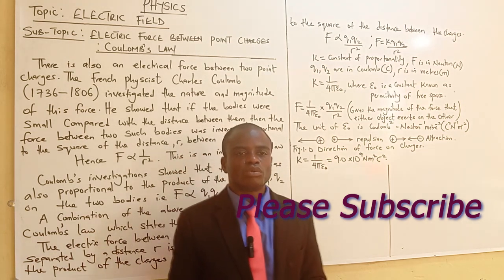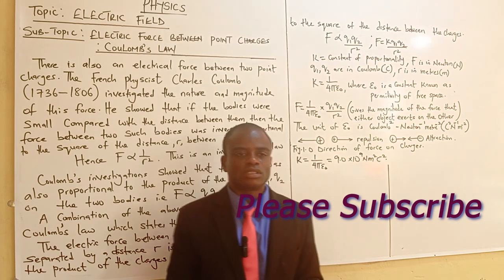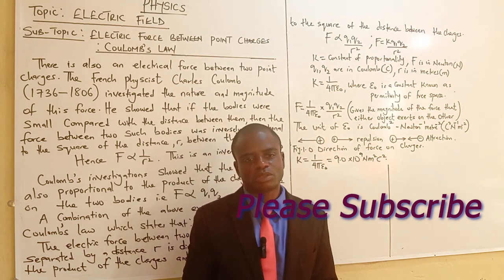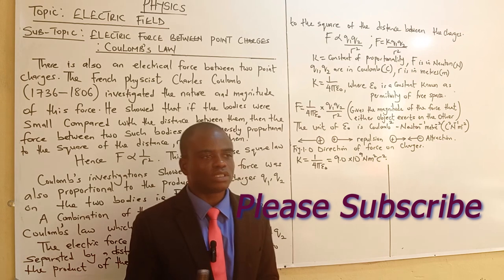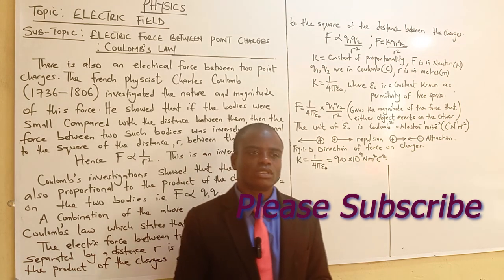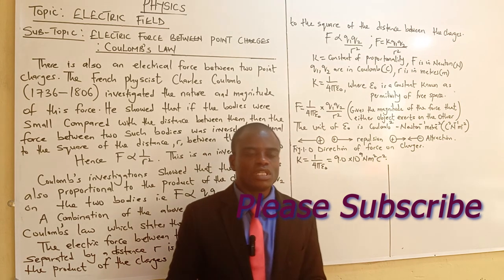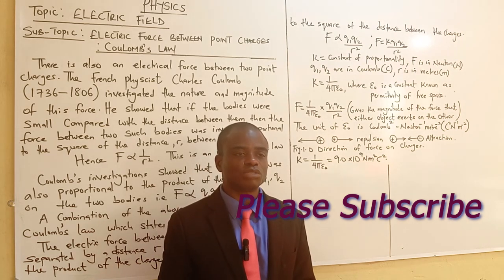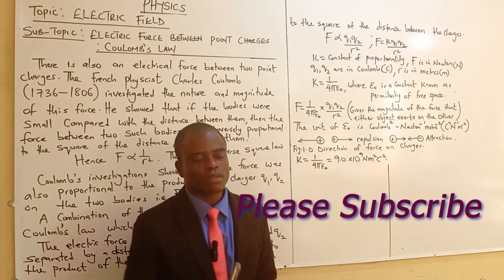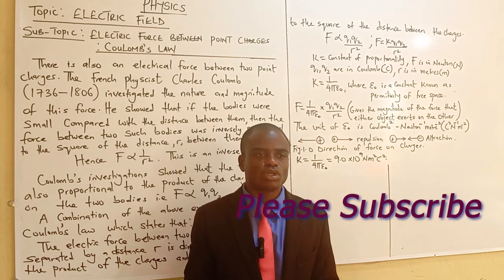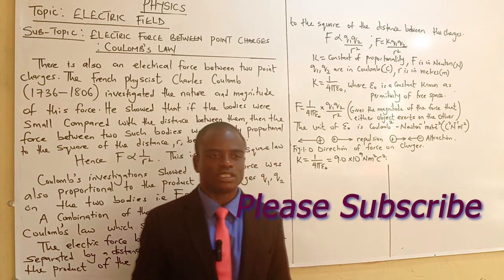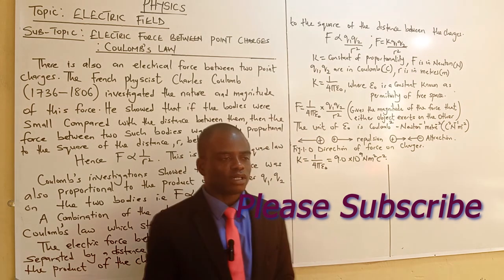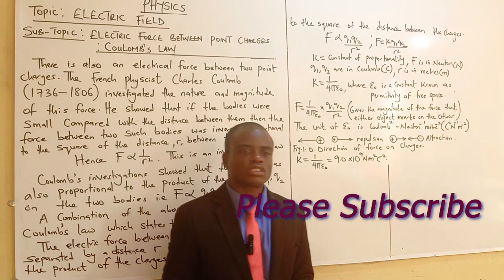came about with a theory that if two bodies were small compared with the distance between them, the electrical force is inversely proportional to the square of the distance between them, and directly proportional to the product of the charges, which is synonymous to the work of Sir Isaac Newton on gravitational force.